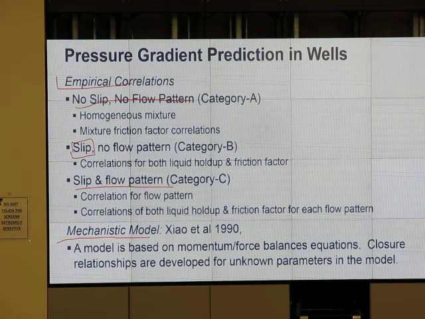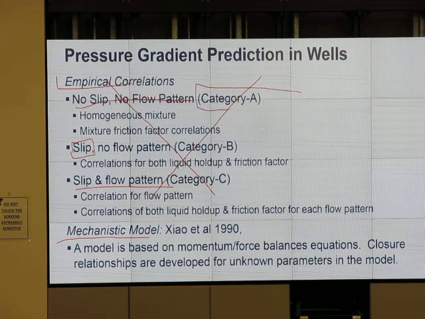In short, mechanistic model gives a lot better results than category A, B, and C. Those give some result but not quite accurate. Okay, mechanistic model is very good. But in the test, you can do category A easily, right? And you did that for homework. When you assume it is well mixed, that is category A.